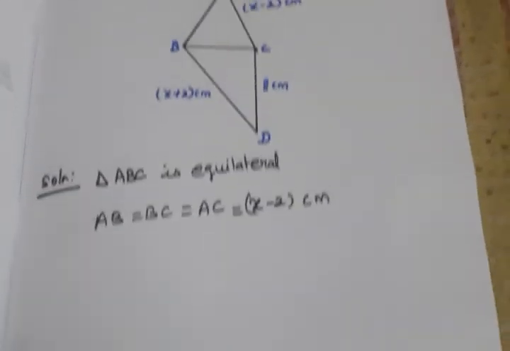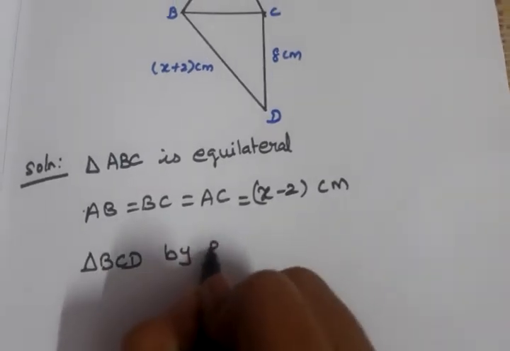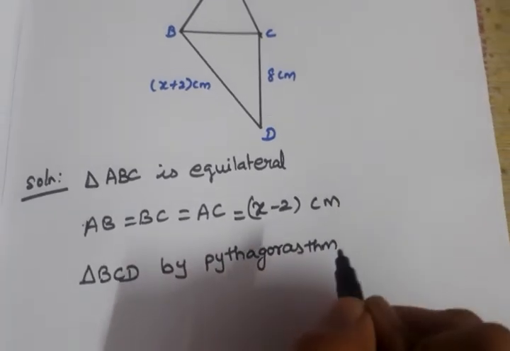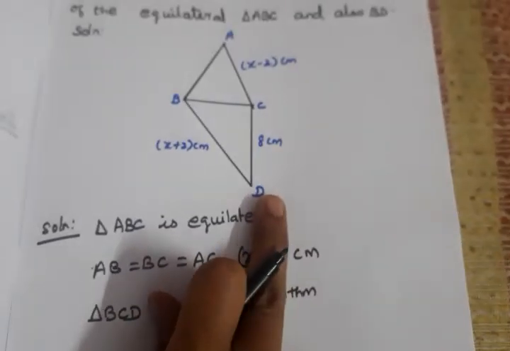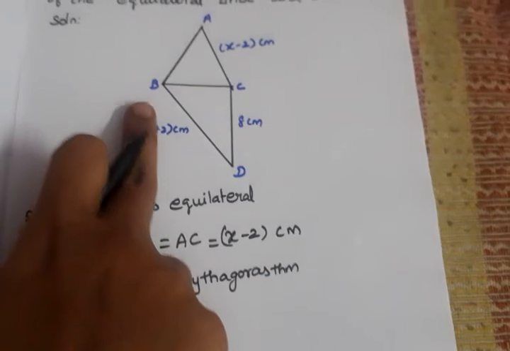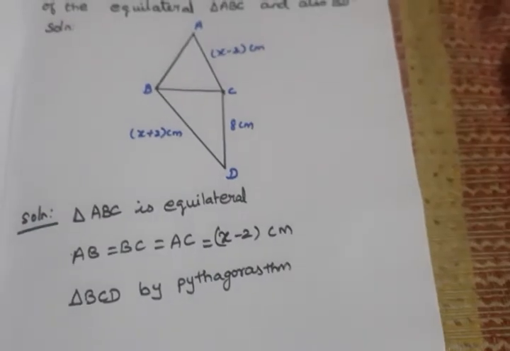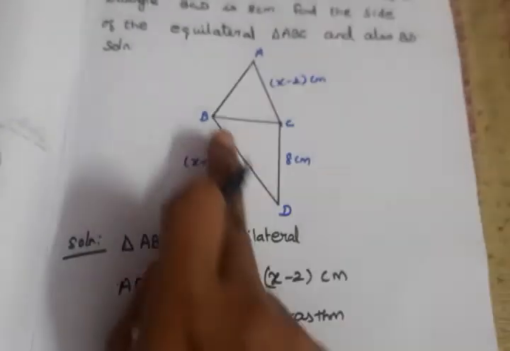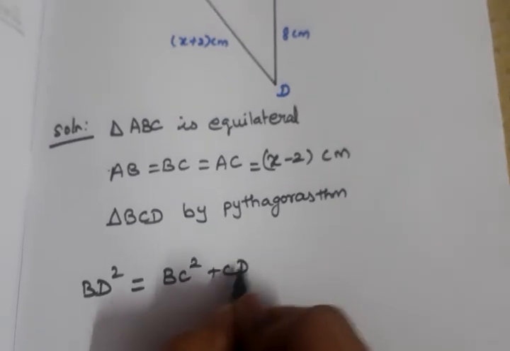Okay. Then next, triangle BCD, by Pythagoras theorem, BD square equal to BC square plus CD square.